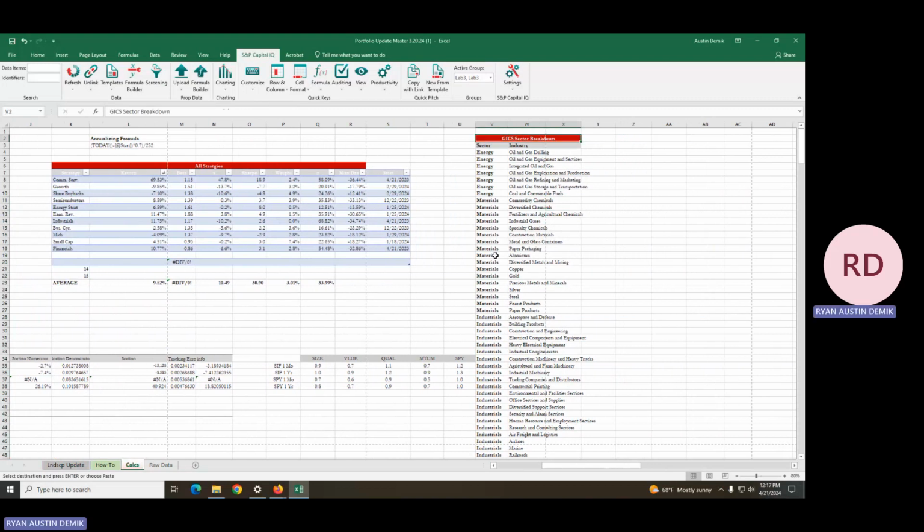Our initial idea with this GICS sector breakdown table was to use the VLOOKUP, HLOOKUP, XLOOKUP to automate the process of identifying the industry and the sector. However, the CapIQ plugin uses a different backend data set for the industry than this GICS sector for whatever reason, and so it doesn't match up exactly.